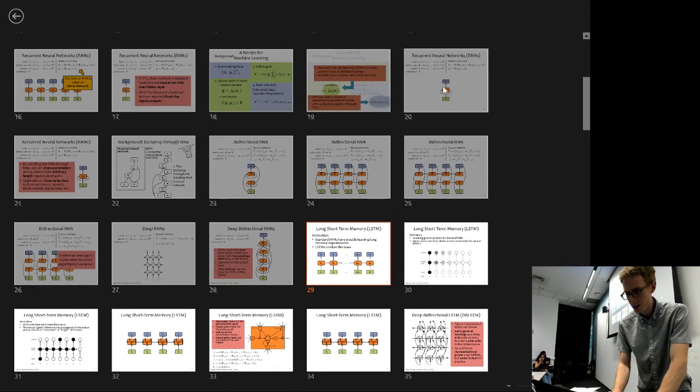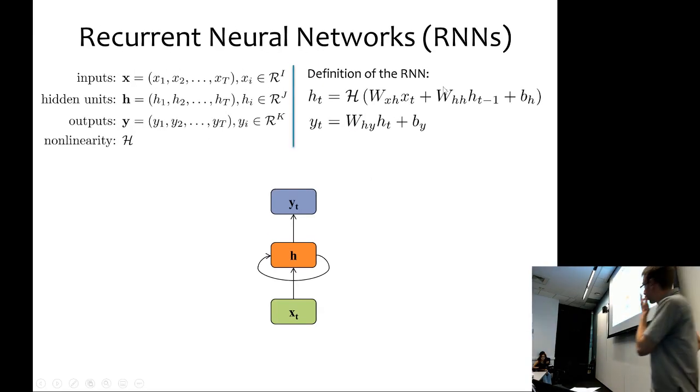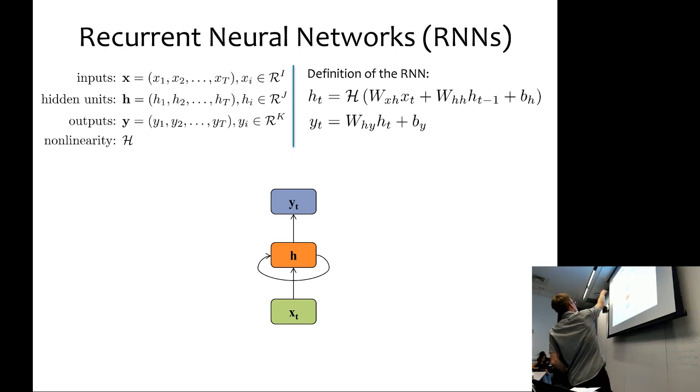So what we want here is our definition of the recurrent net. And so you'll see that H_t is defined as some matrix times x_t, some matrix times h_{t-1}, plus some bias term or intercept term. And it's passed through some nonlinear function, here calligraphic H.